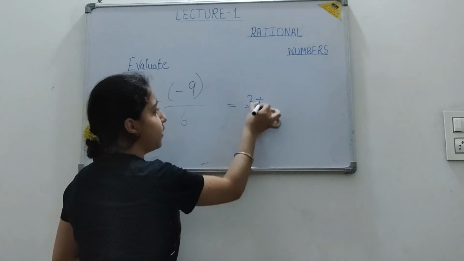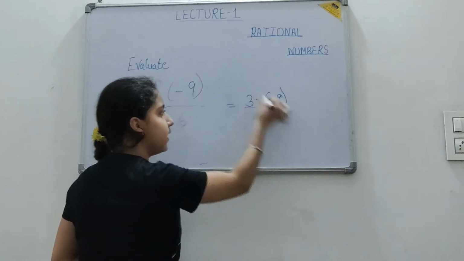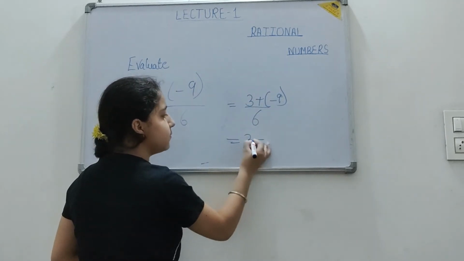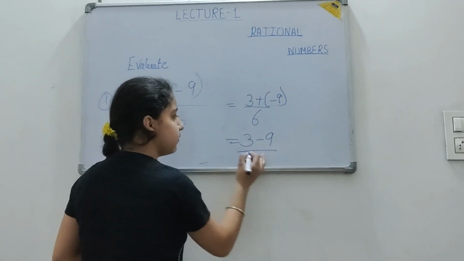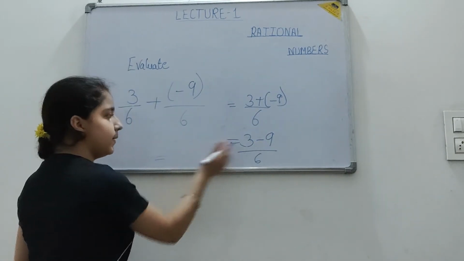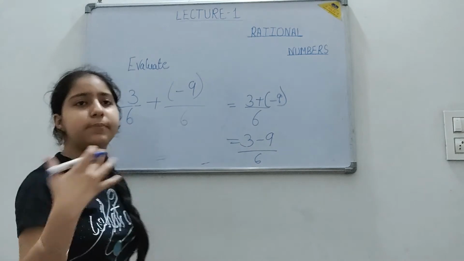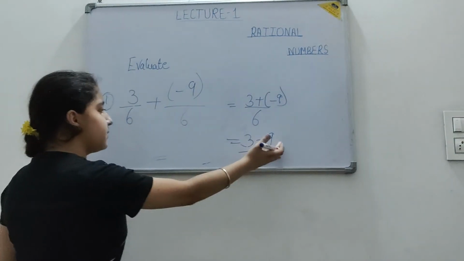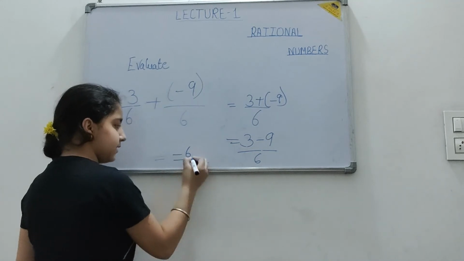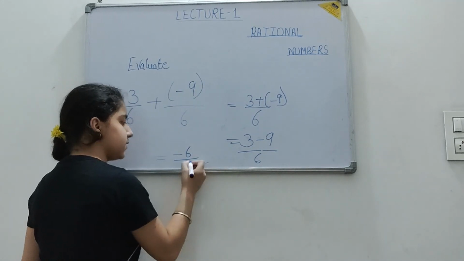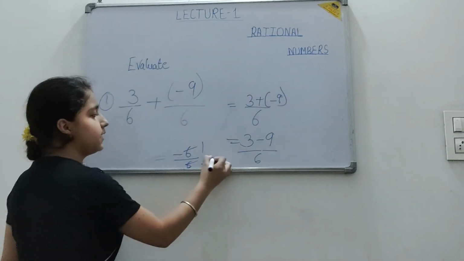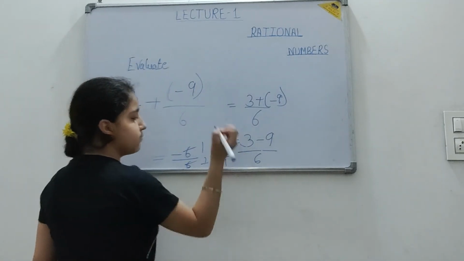Plus times minus gives a minus. So we will subtract 3 from 9, and the sign will be of the bigger number only. So we get minus 6 over positive 6. Then again cutting is possible, so minus 1 over 1, that is minus 1, is the answer.